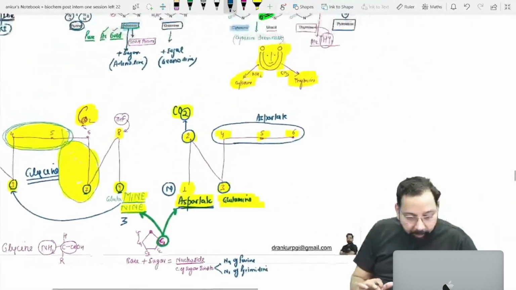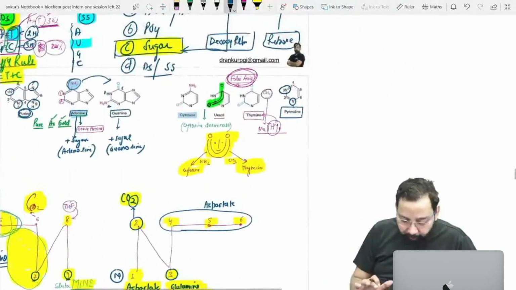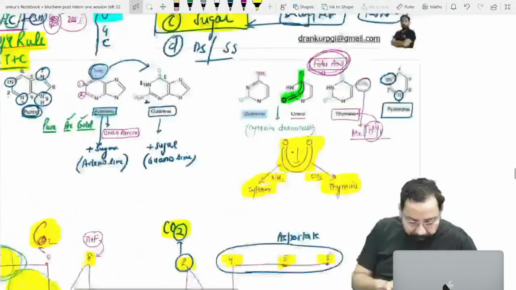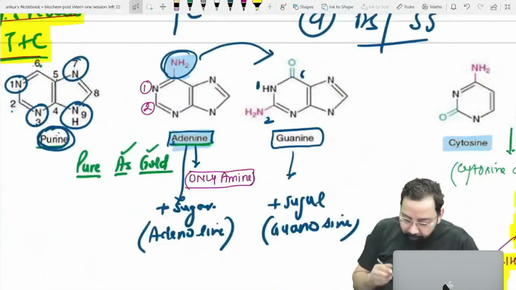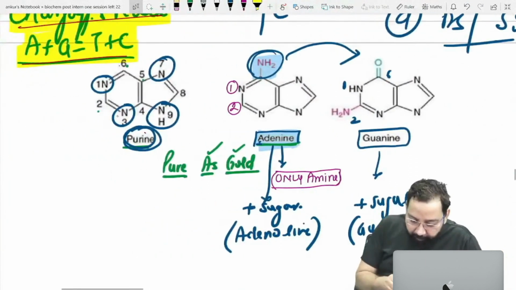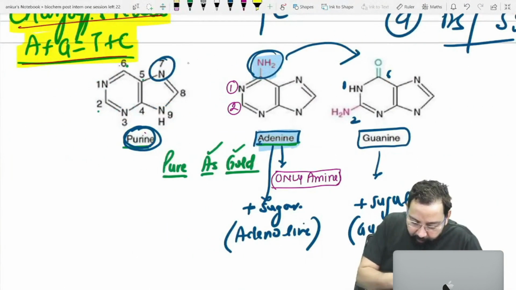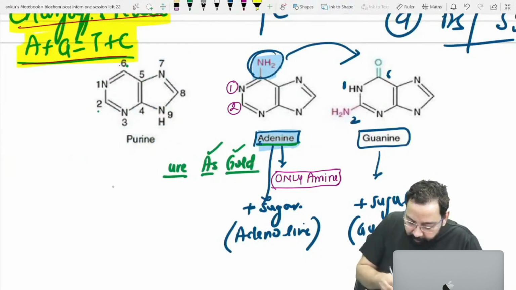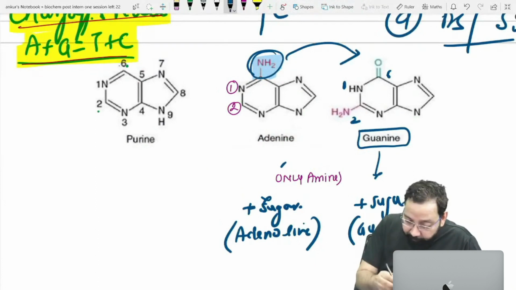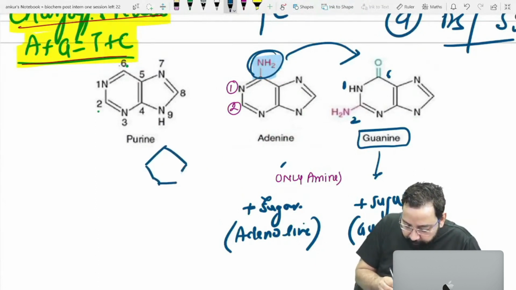Even if you don't remember, it's okay. Simply you will find that this is N9. Whenever you see a structure, sometimes they will give you the structure, and you will find that if this has pentose sugar, C1, it is attached like this.